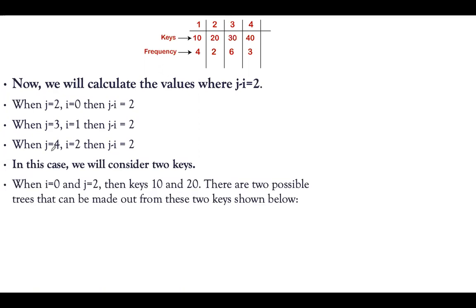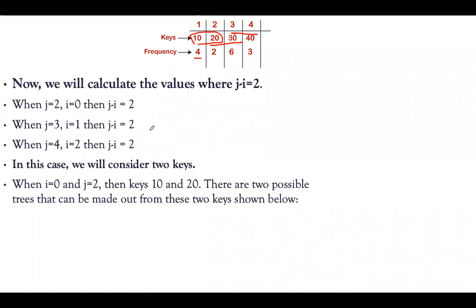When i is 0 and j is 2, see here, first it was 0, next it is 1, now 2. When it was 1, only one key we were selecting. Now j minus i is 2 means first we'll consider these 2 keys, and then we'll consider the next 2 keys, and in the third iteration we'll consider these 2 keys and try to find out the cost of involving these 2 keys.